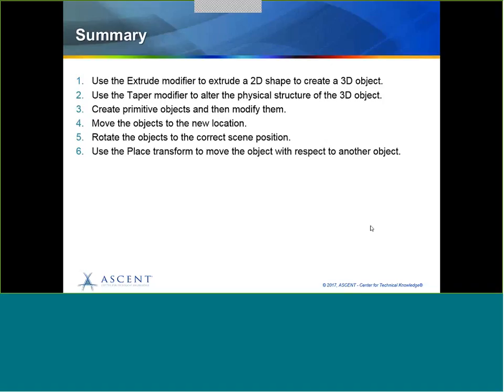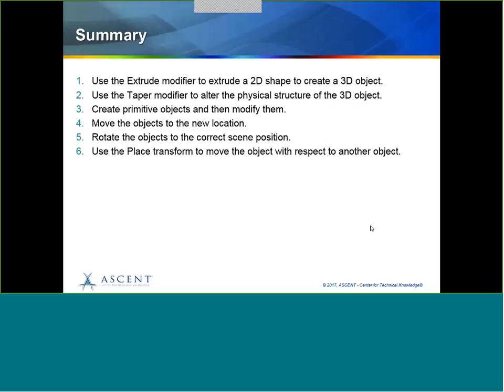We used the taper modifier to alter the physical structure of the 3D object. So what we did was we modified it along the top so that the width of the post was half of what it was at the base. So we used the taper modifier to alter the physical structure.